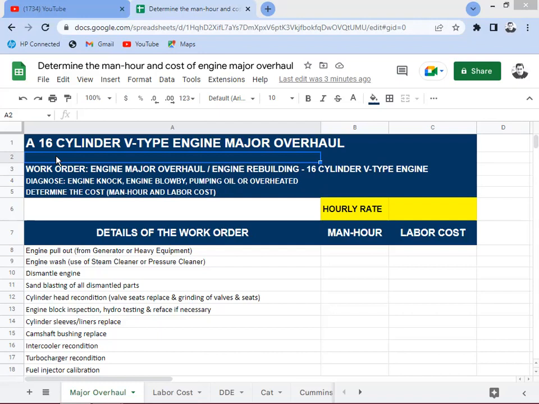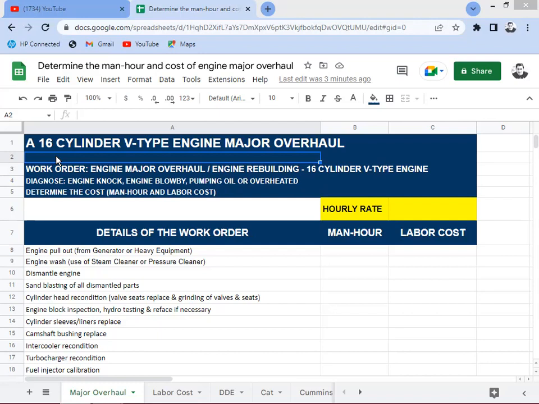The cost accounting department is also seeking a detailed man hour requirement to carry out this major overhaul, and of course the labor cost.